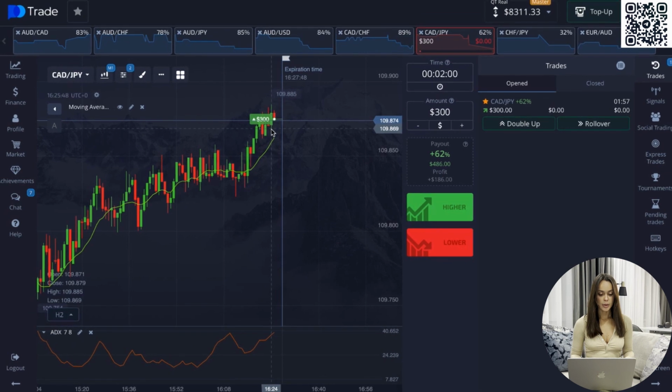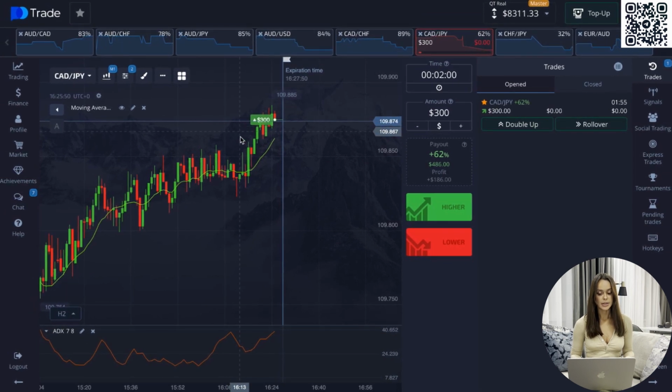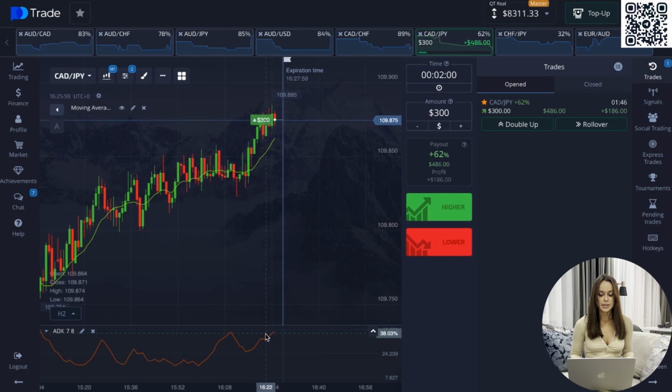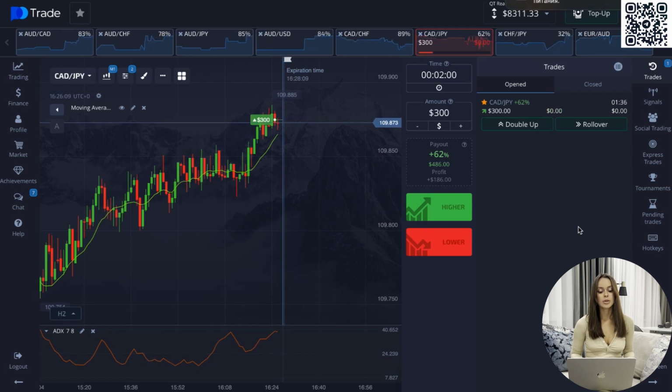So, in this example, I opened the position for an increase. We see that the price is trading above the moving average line, which indicates an uptrend. Also, the lines of the ADX indicator are in the upward direction, which indicates an increase in this trend. Therefore, we are waiting for the completion of this transaction.